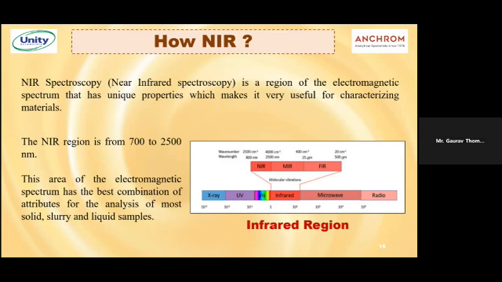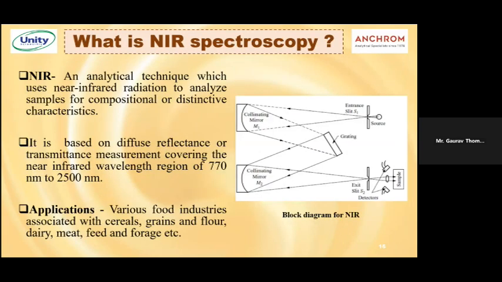So how does this technique work? For the range that I just told you, from 700 nanometers to 2500 nanometers, what ensures that this range comes out from any lamp source that you have? From the lamp source, the rays are made incident over a grating. This grating ensures the full wavelength range that NIR offers.